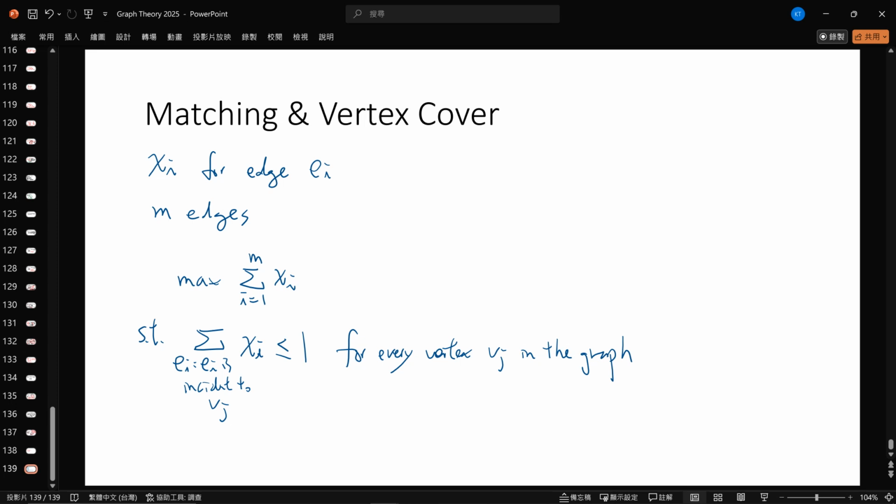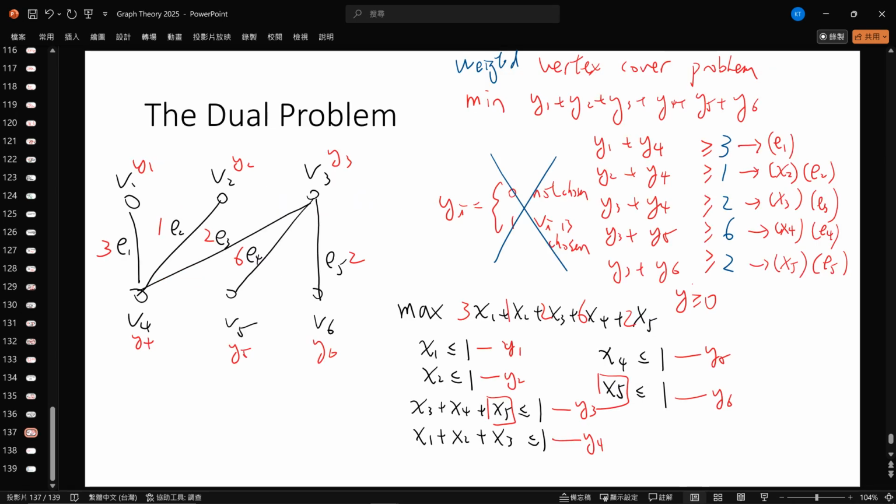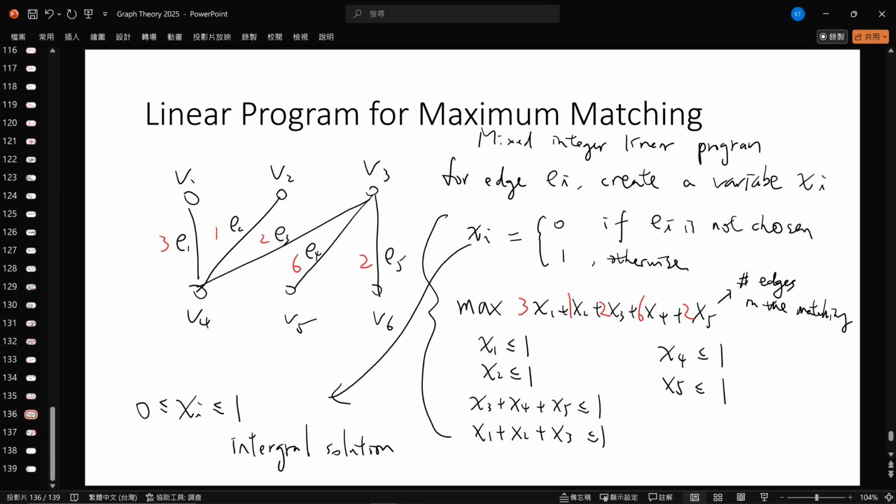So you can compare this general form with the constraints here. For some of these constraints, you can see that there's only one variable. This happens when the vertex that we consider only has one incident edge.